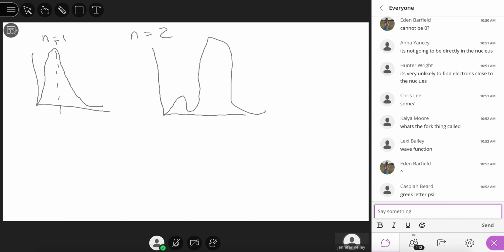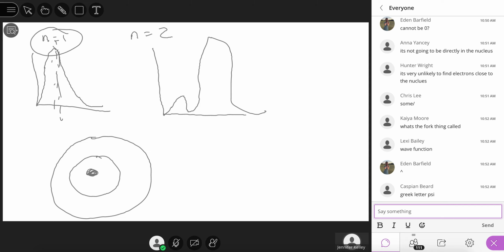If we had an onion, the very center of the onion would be the nucleus. Then you have a layer of the onion, and that first layer is n equals 1. So you're really just given one area that it could be. When you get to n equals 2, you have a very slight possibility it could be here, but it's most likely going to be here, and it's not going to be here.